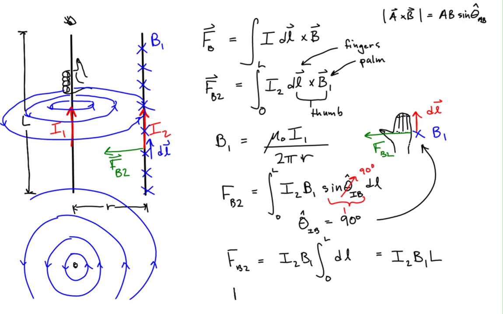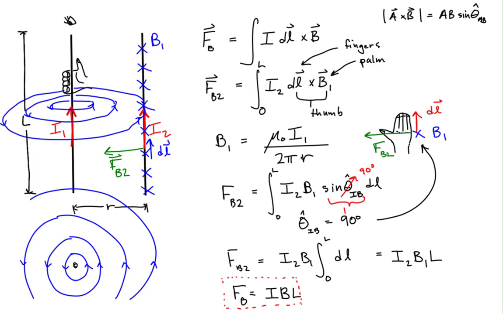This is a familiar result that you should recognize: a current carrying wire in a uniform magnetic field experiences a magnetic force equal to the product of the current in the wire, the magnetic field the current is moving through, and the length of the wire. So this is a great general result that you'll use time and again.